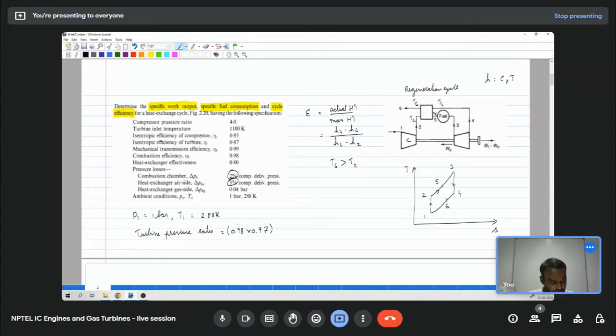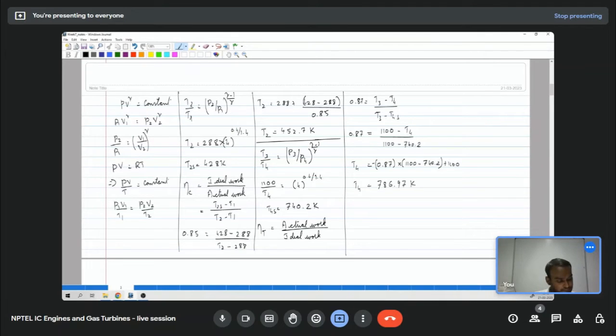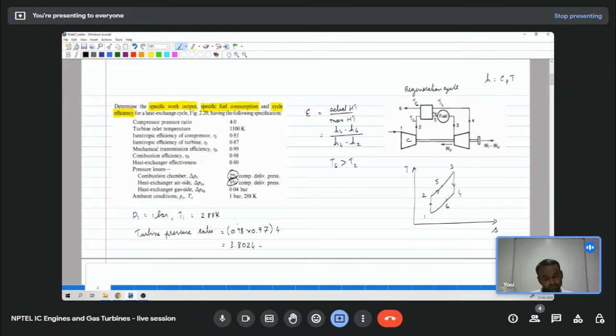So this into 4 would be the turbine expansion ratio. This is around 3.8024. This is the actual ratio, but we started solving with the pressure ratio of 4. Maybe we can do a next variation when we consider these pressure losses.